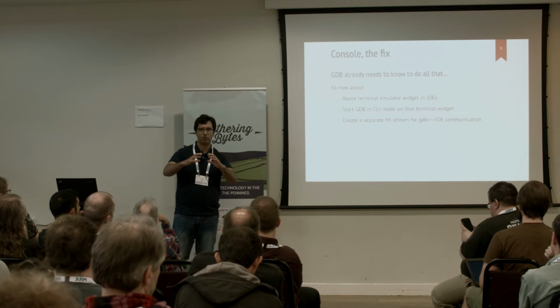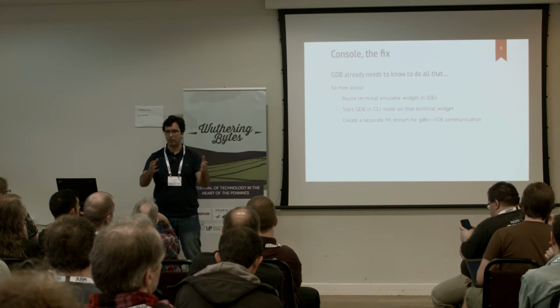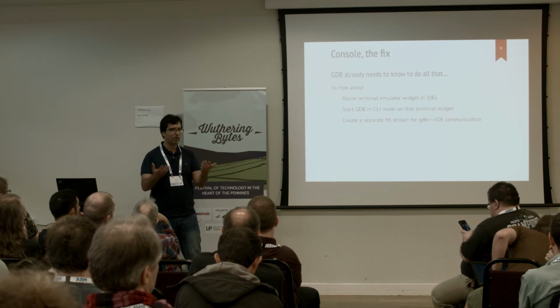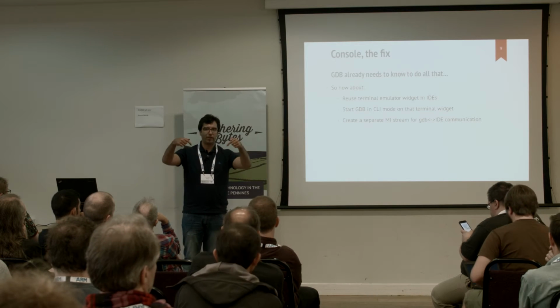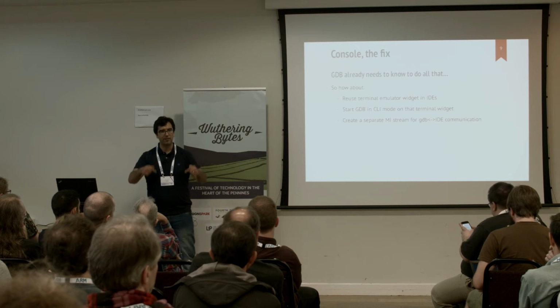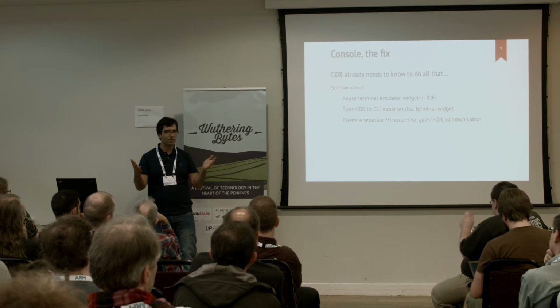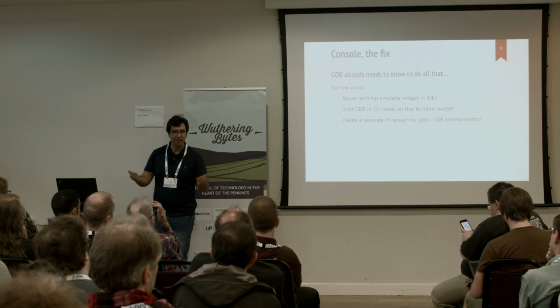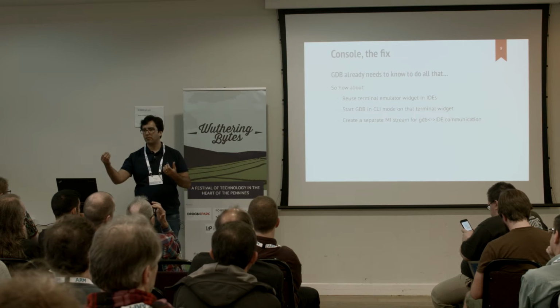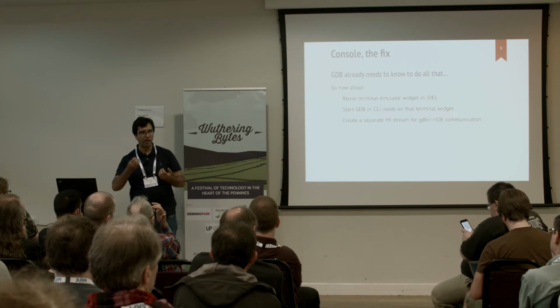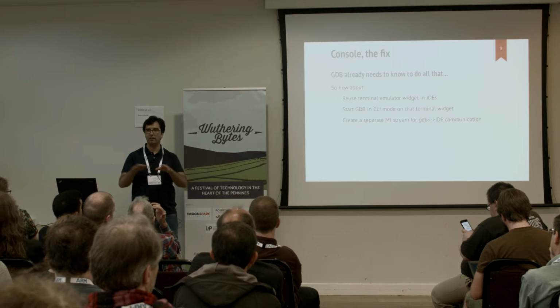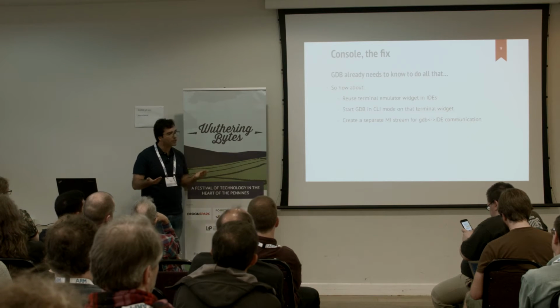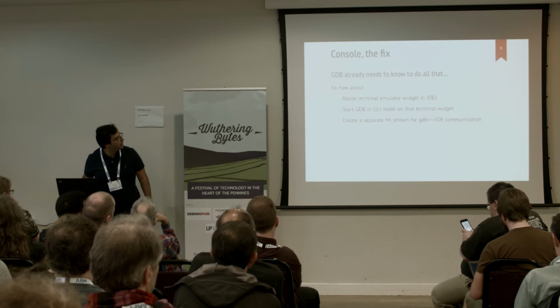Like Eclipse has this widget that you can run commands inside. It runs a shell like bash. So you just reuse that widget and launch GDB with input and output redirected to that terminal. So it's just a normal GDB running on the command line, and create a separate channel for communication via MI. Now you have two channels. So that's the idea. That's pretty simple.